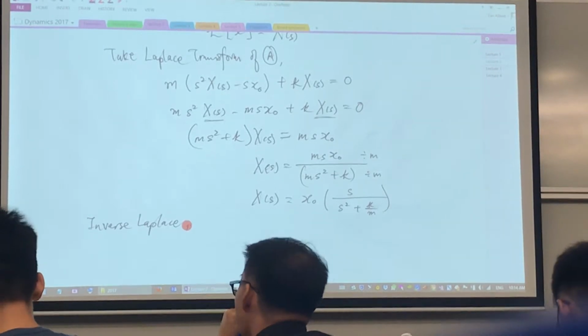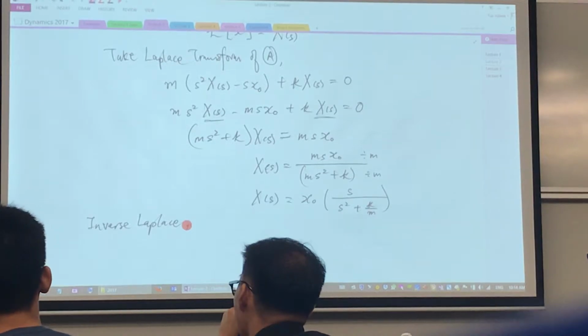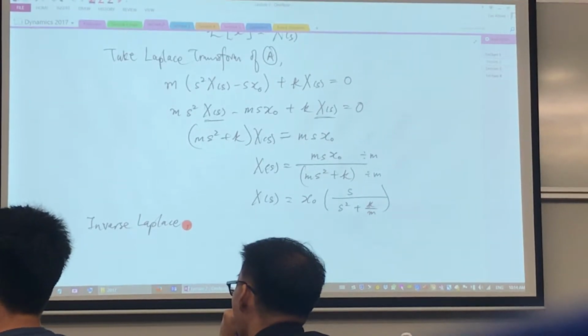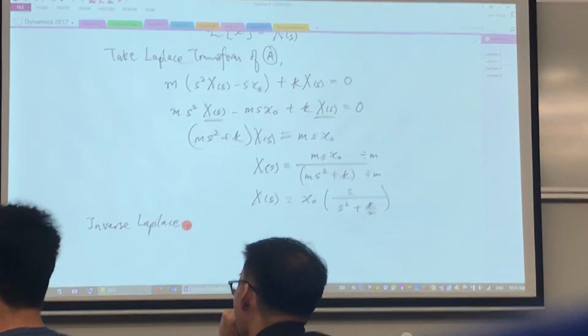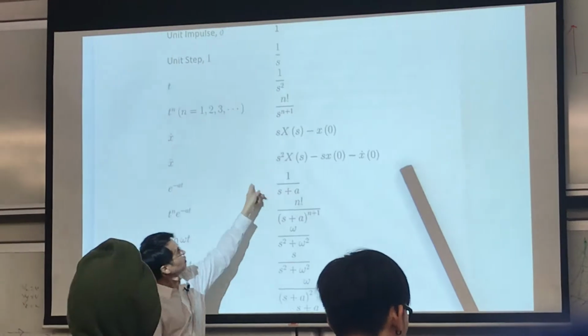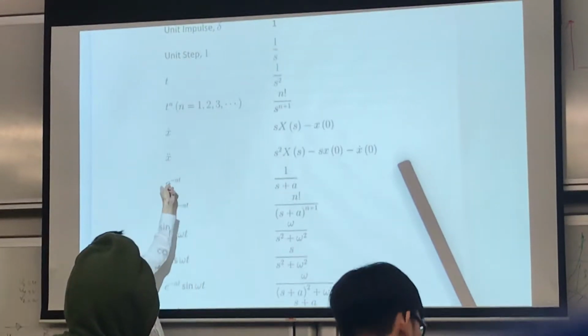You get the cosine. So what I want you to do is to look at some of these expressions on the right hand side. If I have this expression, I take the Laplace, I get this. If I have this expression, I take an inverse Laplace, and I have this.